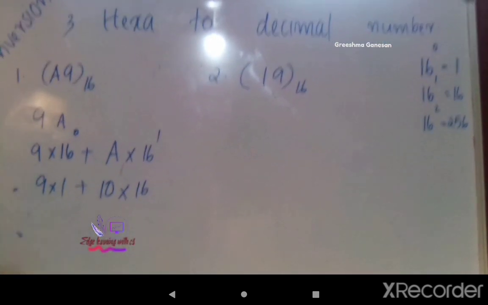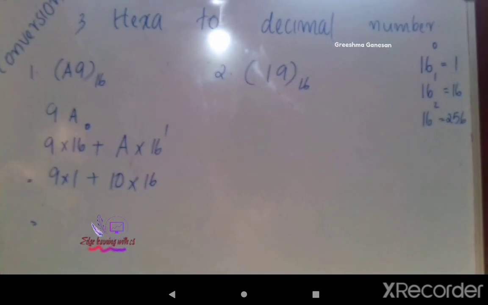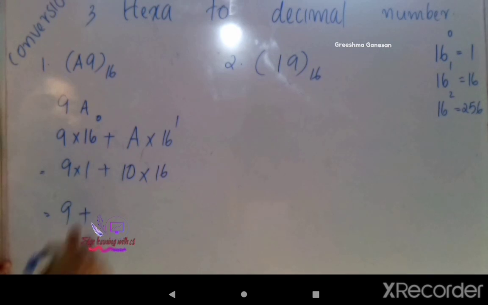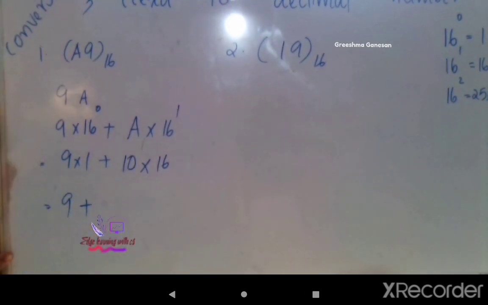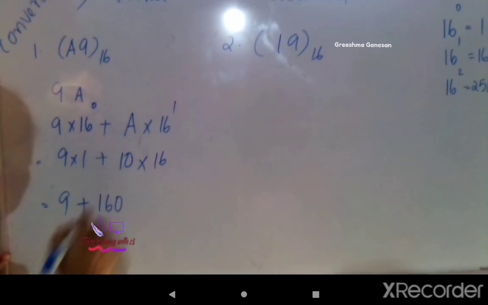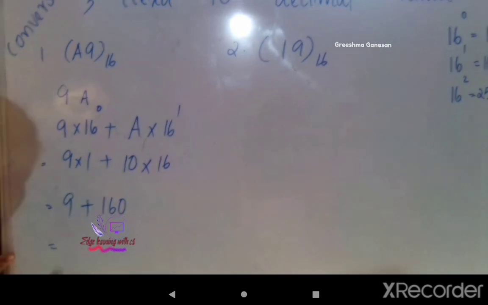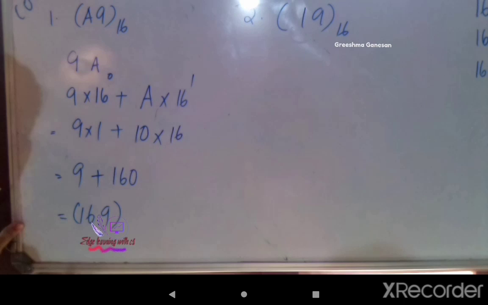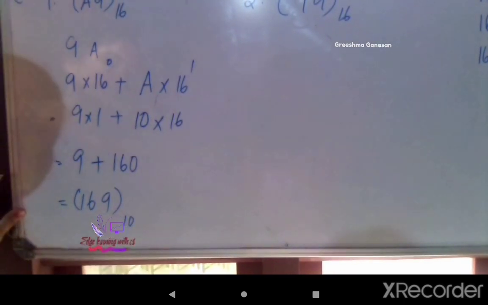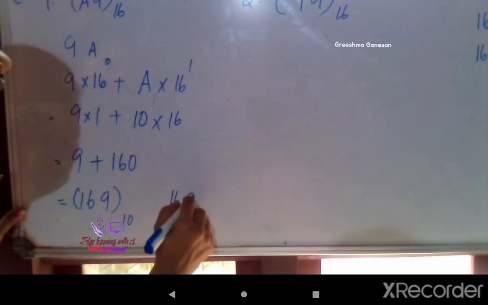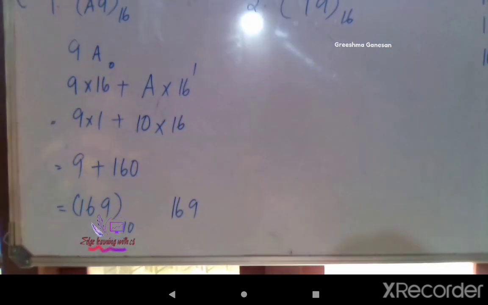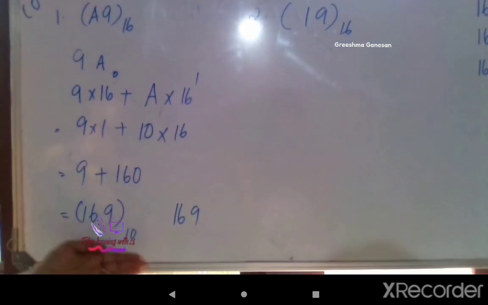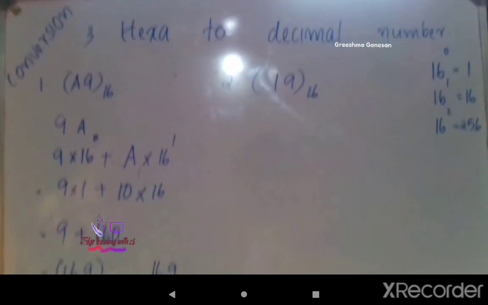Then we can multiply these values and add them. 1 into 9 is 9, plus 10 into 16 is 160. You can find the answer here, 169. Since it is converting into decimal format, you can simply write 169.